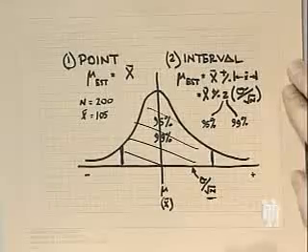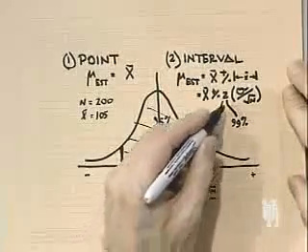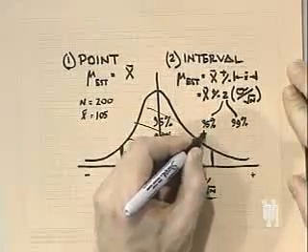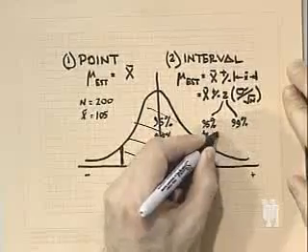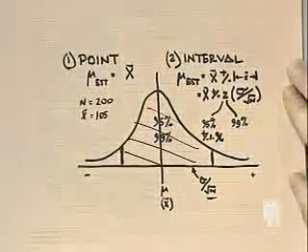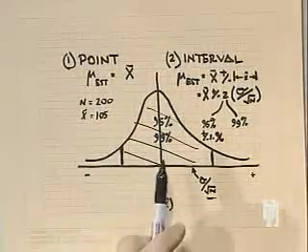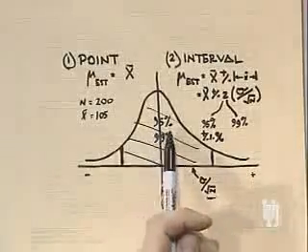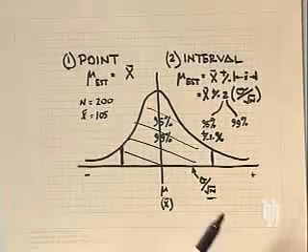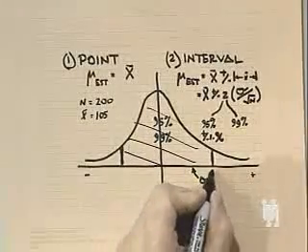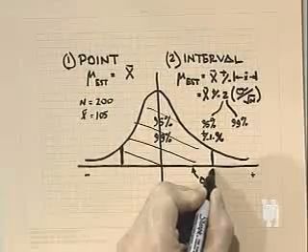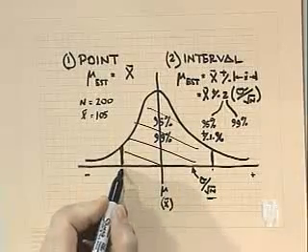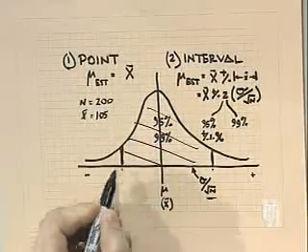When the confidence level is 95%, this z-score must be plus and minus 1.96. That is, if you wish to isolate 95% of all of the scores in this distribution, you must go 1.96 standard deviations above the mean and 1.96 standard deviations below the mean.